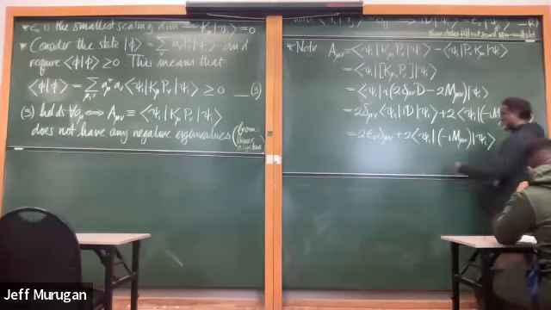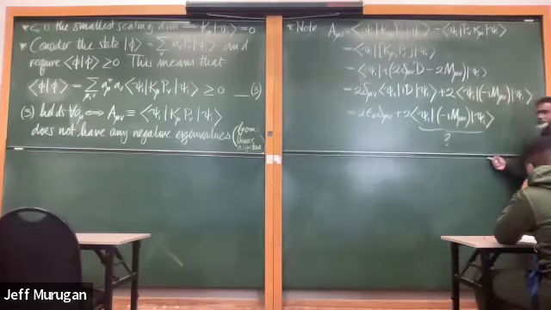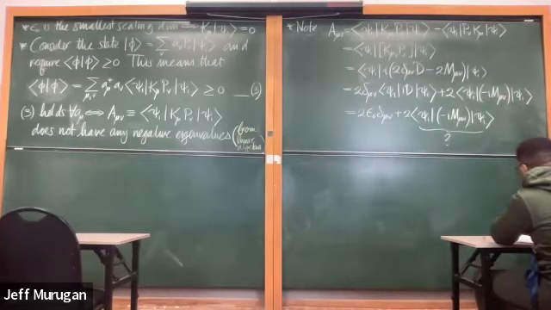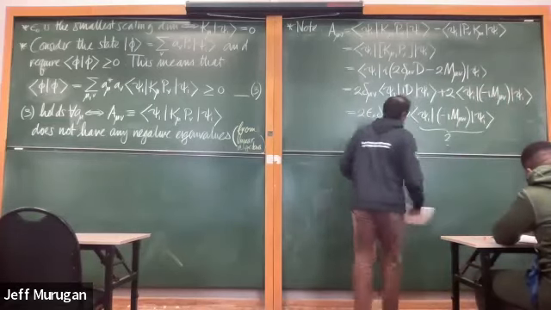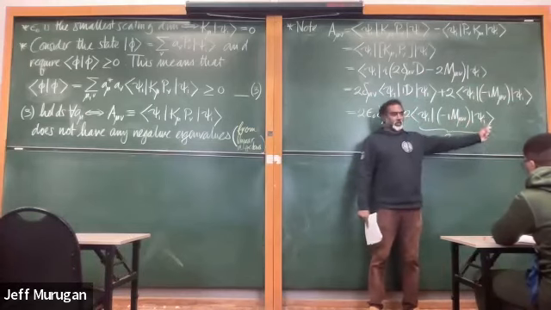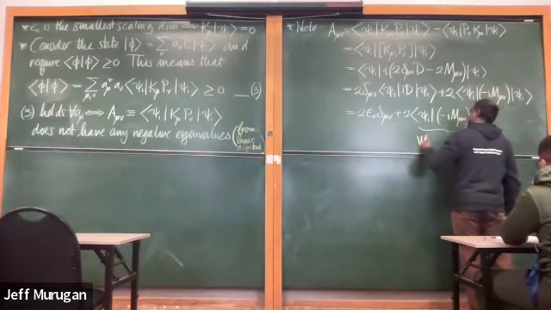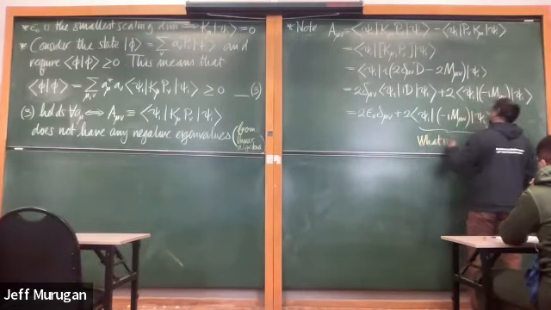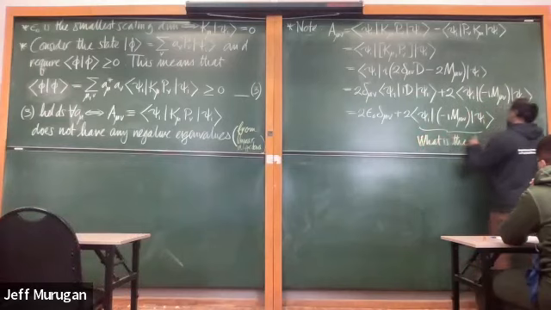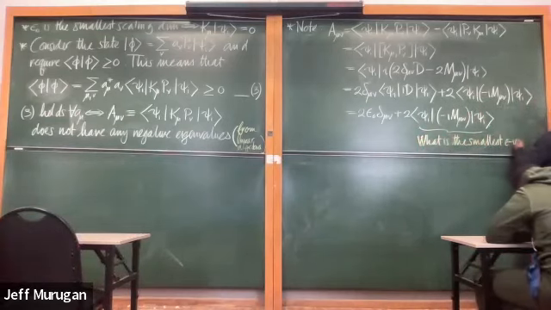Okay. So once we find the smallest eigenvalue, we'll put some bar on epsilon naught. So we need to think about what's going on there. What we want to do is find the smallest eigenvalue of this matrix.